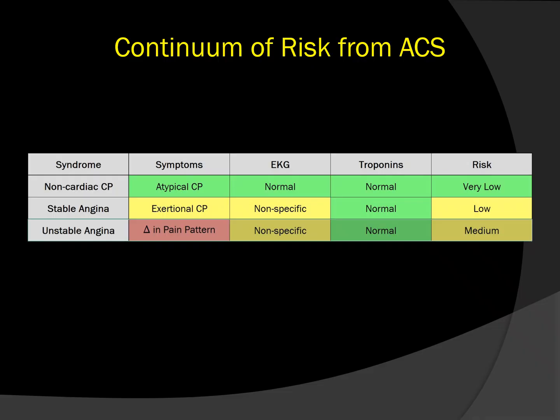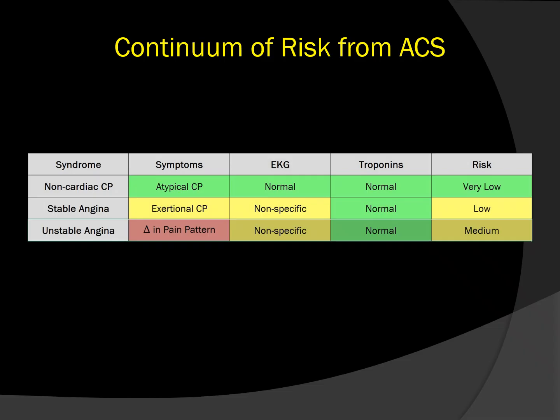Unstable angina, as I mentioned, is a change in the pattern of previous angina. That change can be more intense, more frequent, with a lower level of activity, or a different quality, such as new radiation to the left arm. EKGs are still abnormal, but they might be nonspecific and changed from prior EKGs.